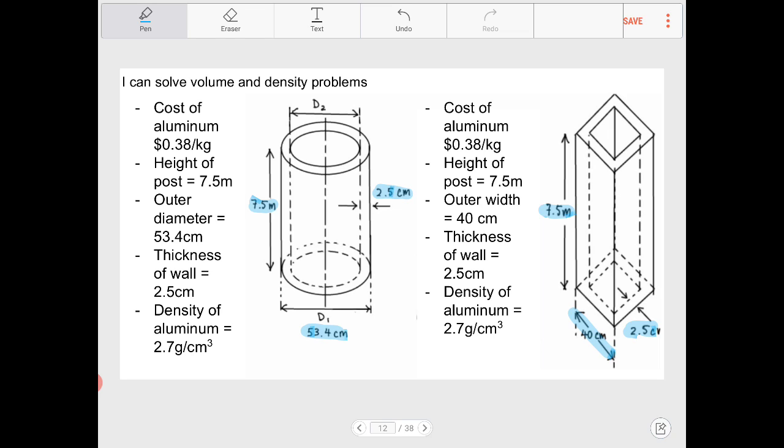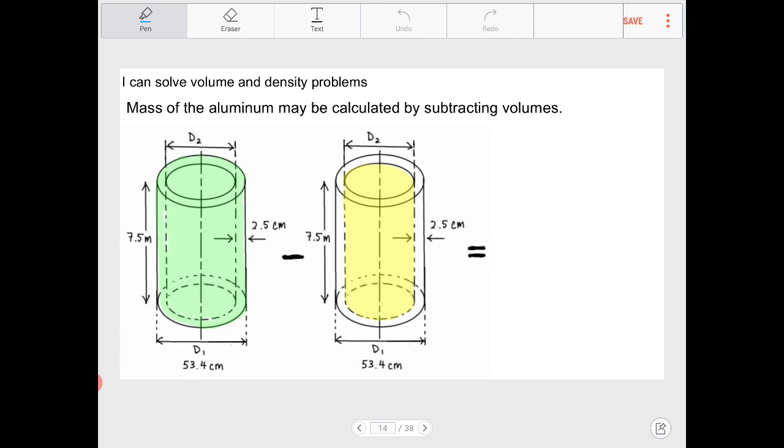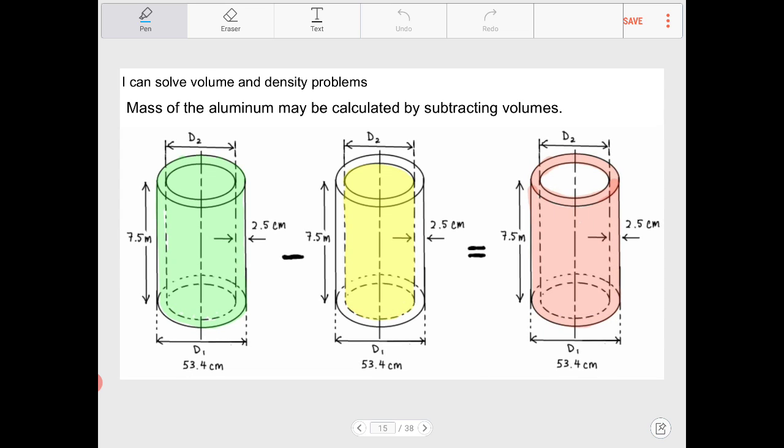So let's do that. The volume of the cylinder can be found by taking the outer cylinder subtracted by the inner cylinder, which is in yellow here, and I will be left with just the hollowed core, which is in pink. So that's the plan, and this will be repeated for the rectangular prism as well.